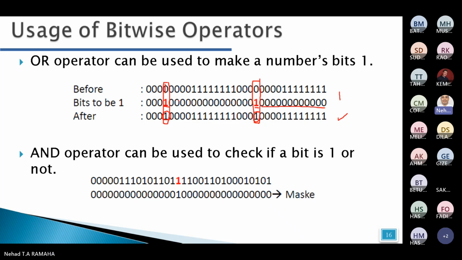Okay, so what's the usage of the AND operator? The AND operator is very important here, because we use it to check a specific bit, if it's 0 or 1. What's the use of it?